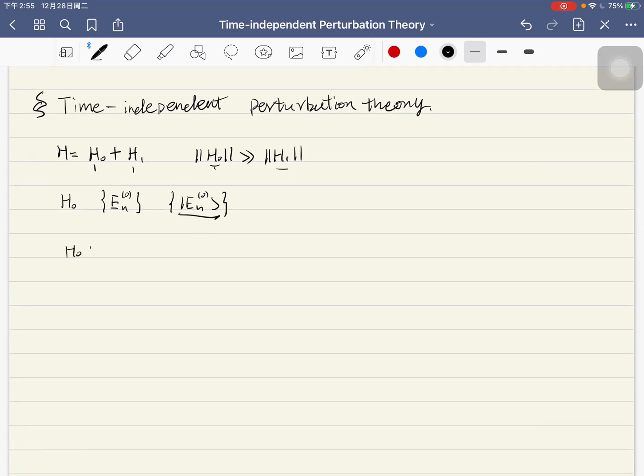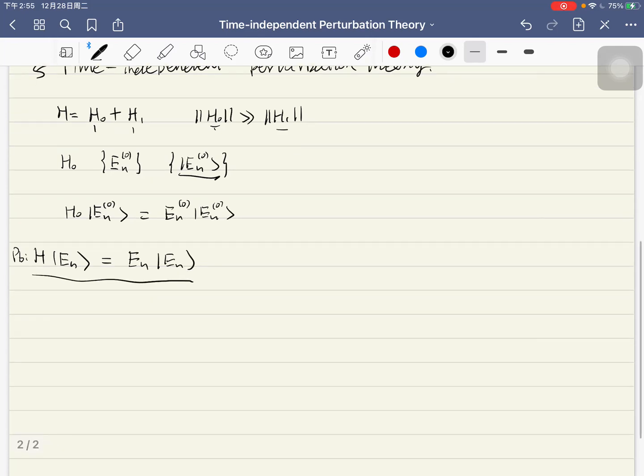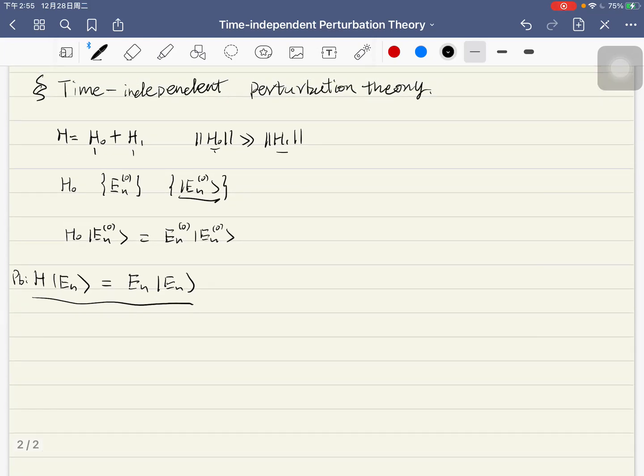So we have the equation H0 |n0> equals En0 |n0>. But the problem we want to solve is this: H |n> equals En |n>. For these eigenvalue problems, we can expand them in orders.